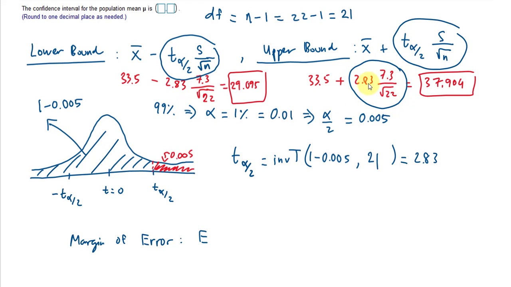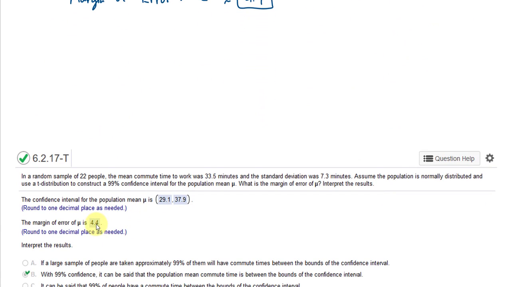So 2.83 times 7.3 divided by the square root of 22, and that should give me 4.4. If you round it to one decimal place, that is 4.4.